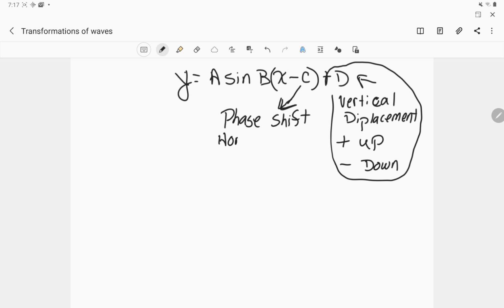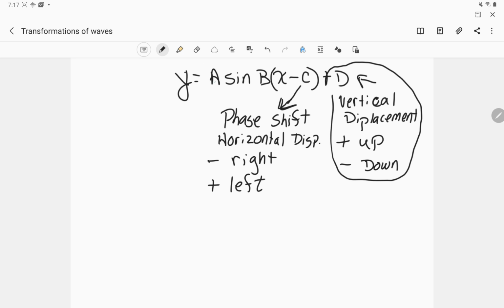This is just a fancy word for your horizontal displacement. And again, it works exactly like it did before when we were doing a parabola. Minus means that it moves to the right. Positive means it moves to the left. All right, so it's exactly the same.